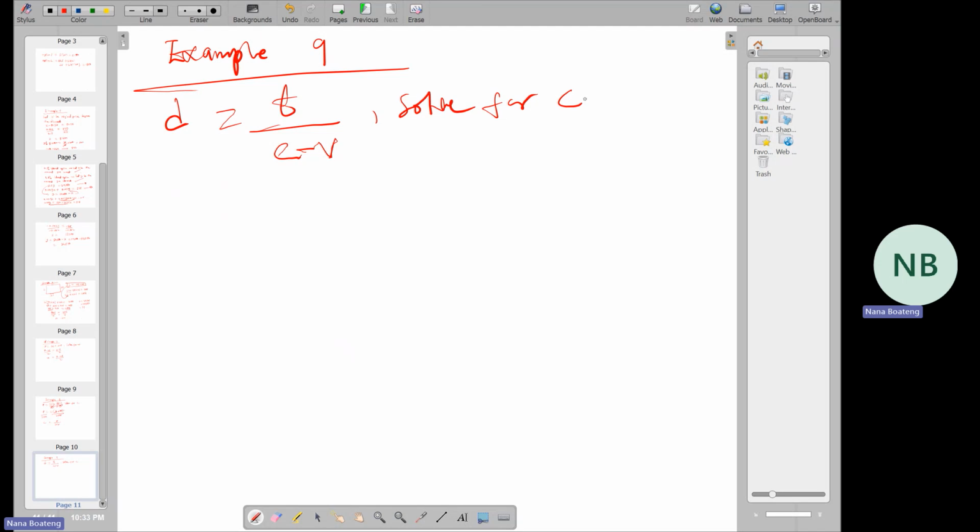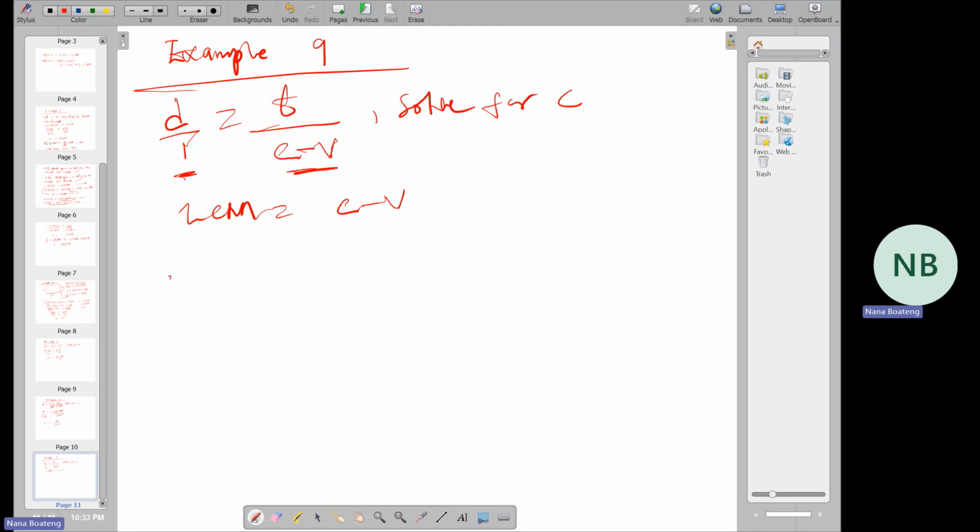So similarly, what we do is multiply through by the LCM. D is the same as D divided by 1, so the LCM of 1 and C minus B is C minus B. So we multiply both sides by C minus B.